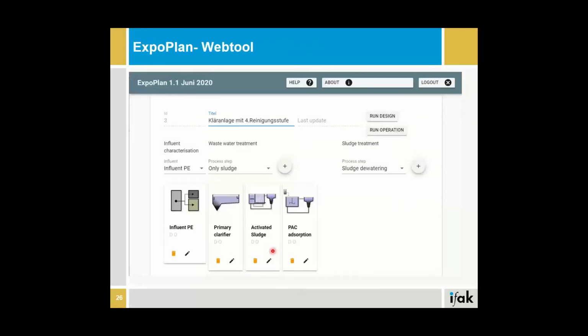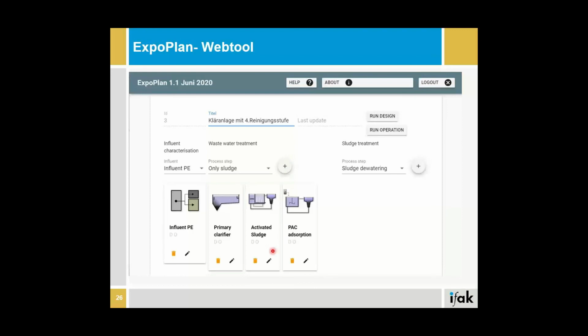So this new model has also been integrated into a freely accessible web application, ExpoPlan, for planning sewage treatment plants. It calculates the required volumes of the contact reactor and sedimentation tank, the removal rates for organic substances and organic micropollutants, as well as the amount of powdered activated carbon used. It also offers the 3 previously mentioned operation schemes.